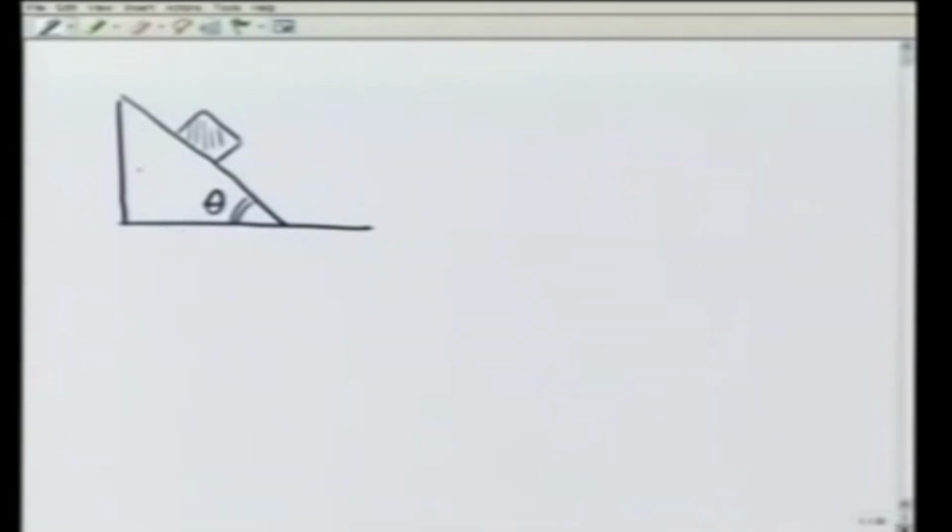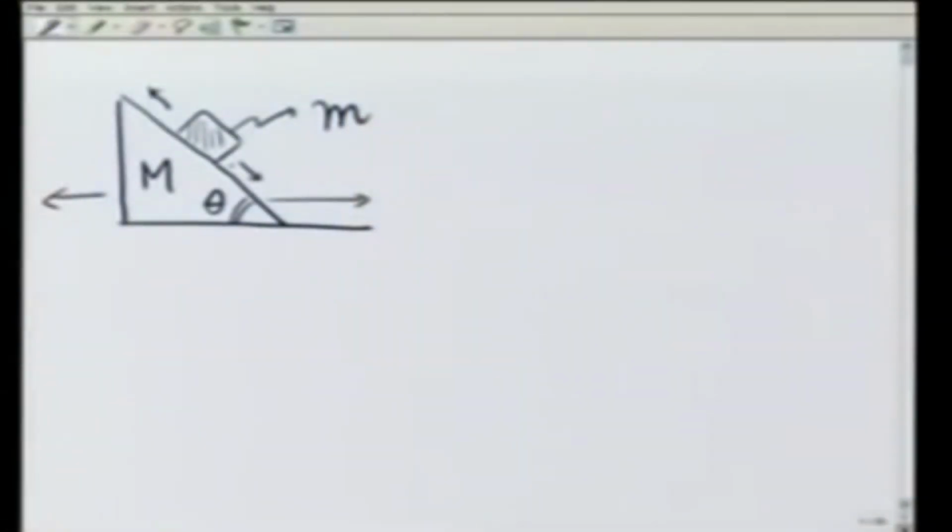The wedge has mass M, this block has mass small m, and all the surfaces are frictionless. Therefore, this wedge is free to move in this direction and the block is free to move along the inclined plane. This is a constrained motion because the block of mass small m is free to move only along the incline.